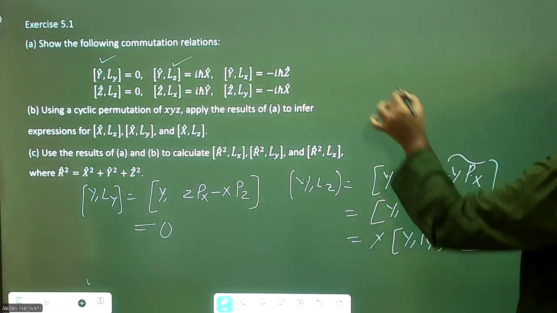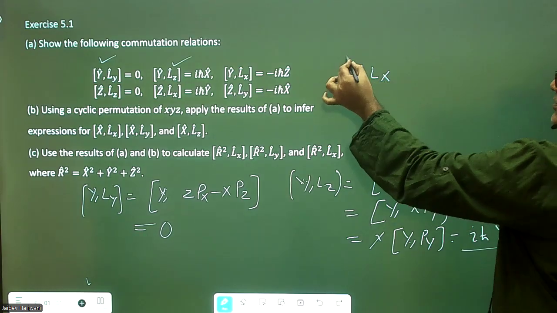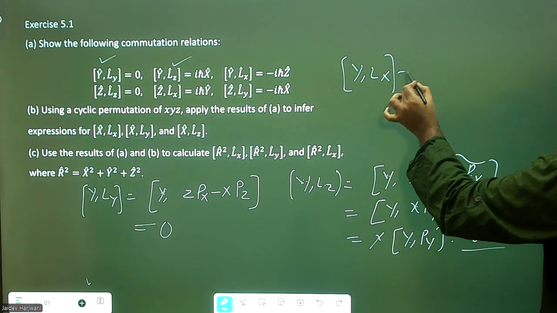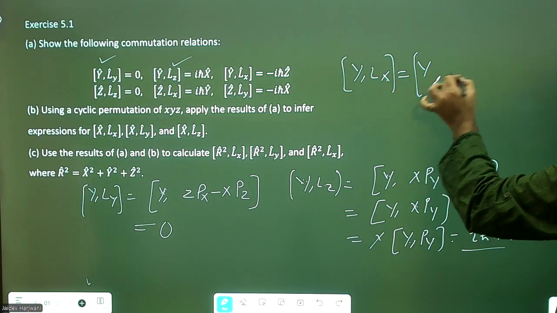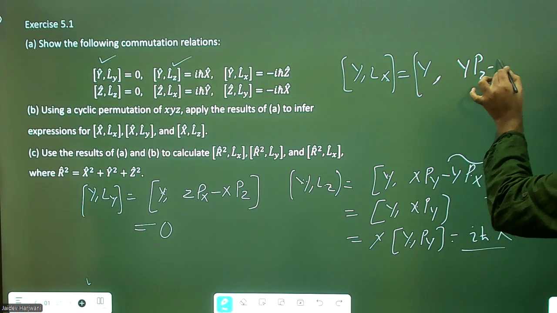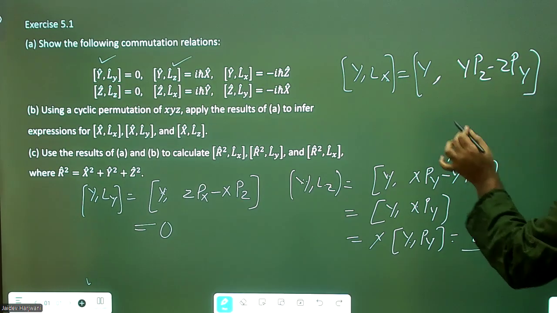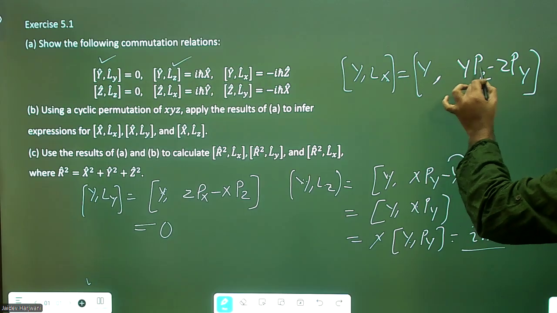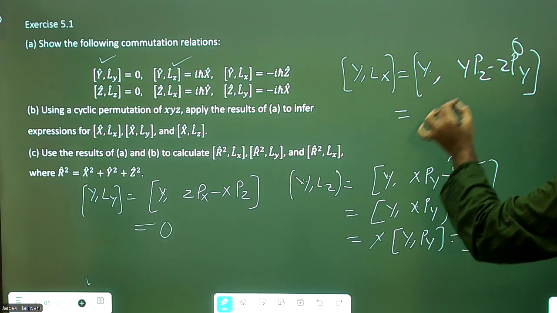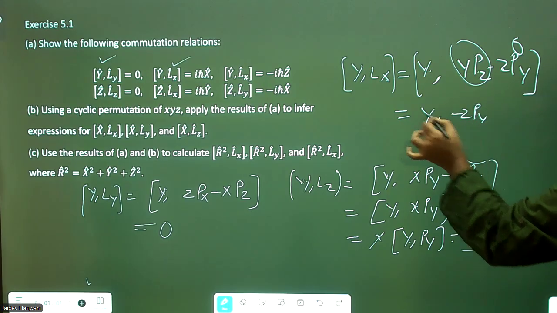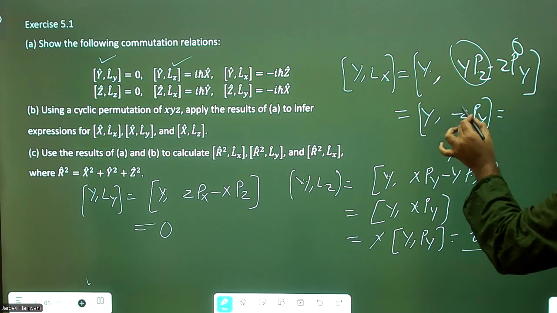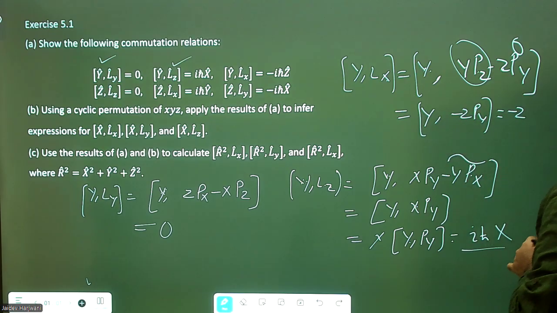Now let us do y, Lx. How do you find it? You have y, and Lx is what? Lx starts with y, then pz, then z, then py. y commutes with y, commutes with pz, commutes with z; y only does not commute with py. So we can leave the other one. So I have only y with minus z py, and then again minus z is not important because it commutes with y.